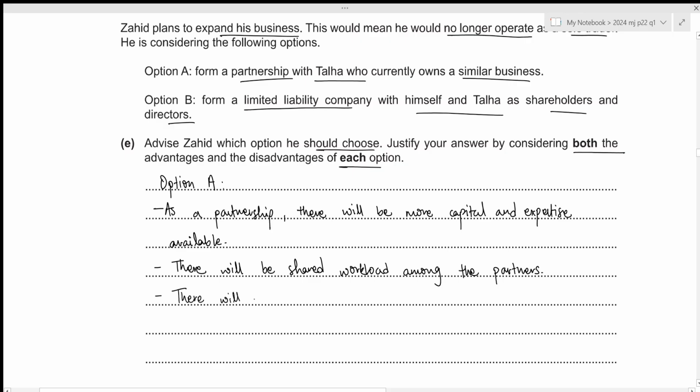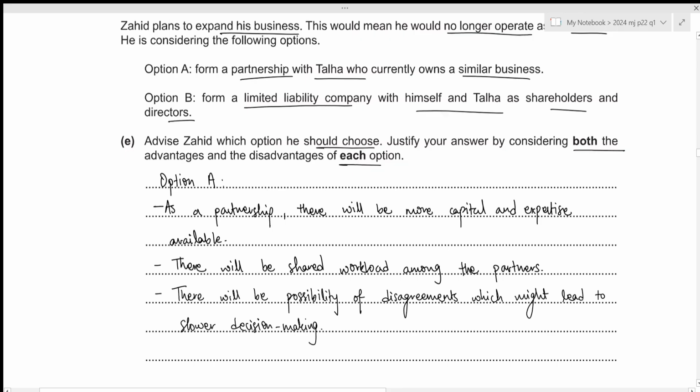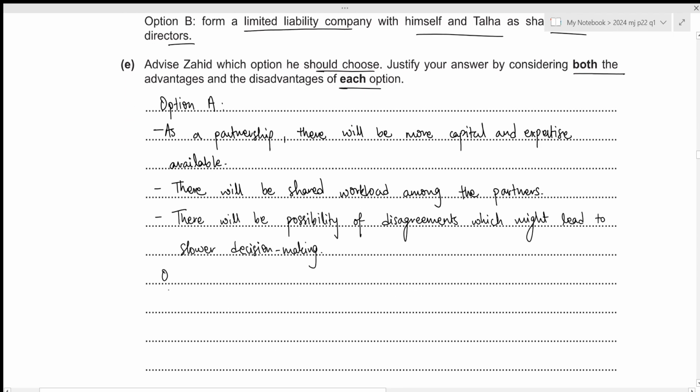There will be possibility of disagreements, which might lead to slower decision making. Alright, that is all for option A. Let's move towards option B.